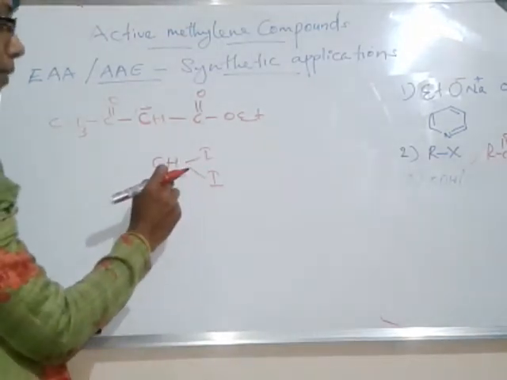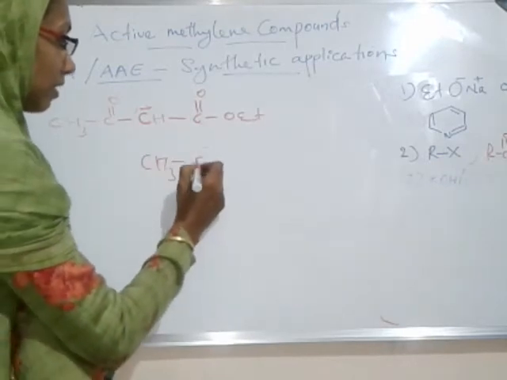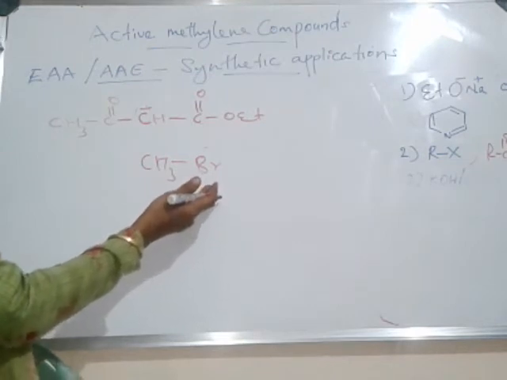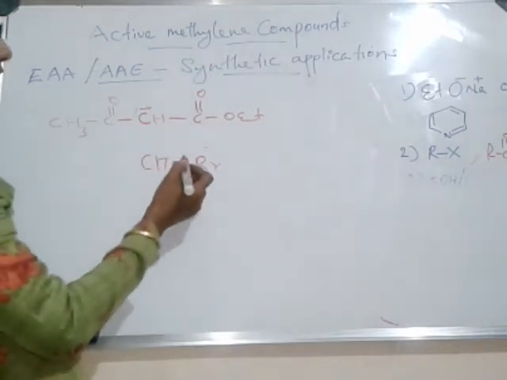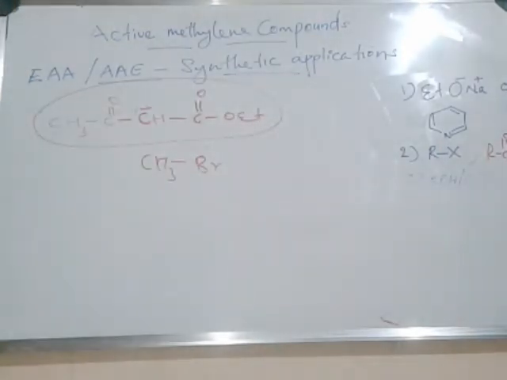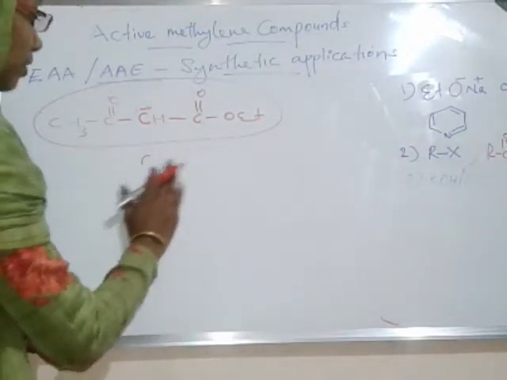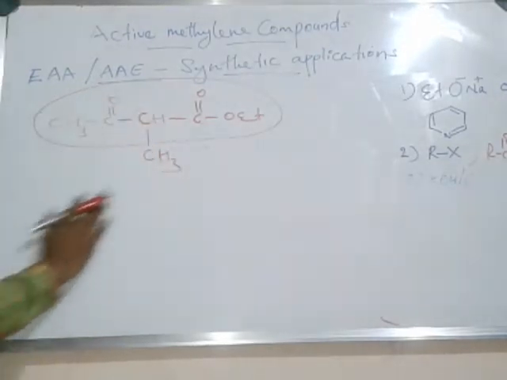If it is methyl bromide, as we saw earlier, if it is a monohaloalkane, only one EAA molecule undergoes reaction and forms a bond with the CH3 bonded to this methylene carbon.